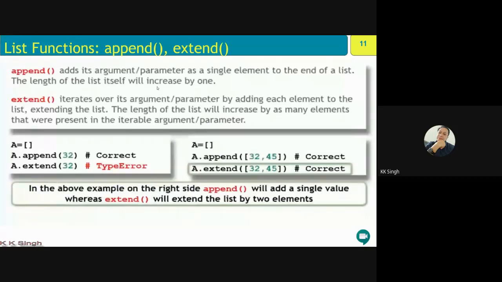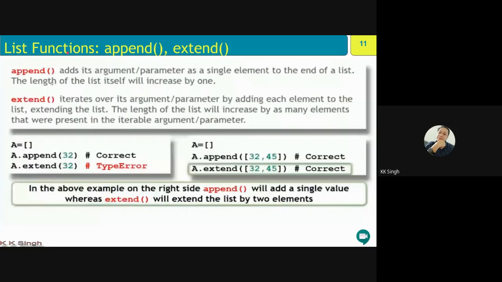But over here in extend, if you are trying to add a single value, it will show type error because it can add the structure only, not the single value.